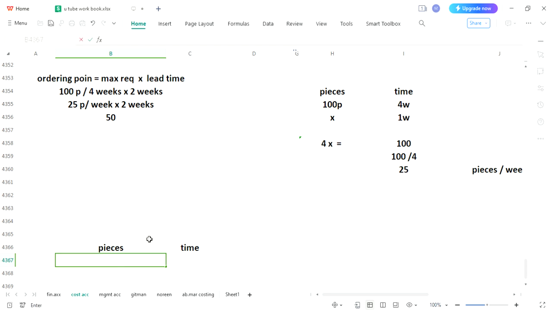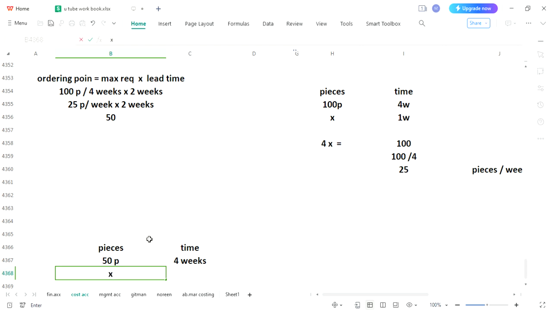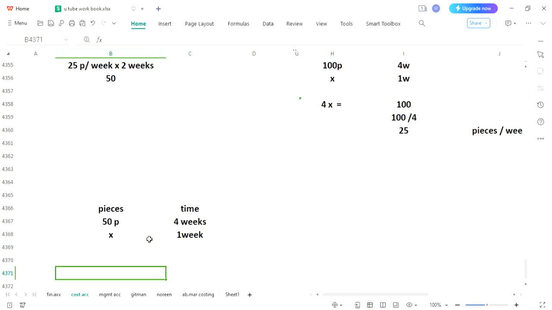For 4 weeks, minimum requirement is 50 pieces for 4 weeks. And what we want to know, in single week, how many number of units would be required. Here we will apply simple cross multiplication.